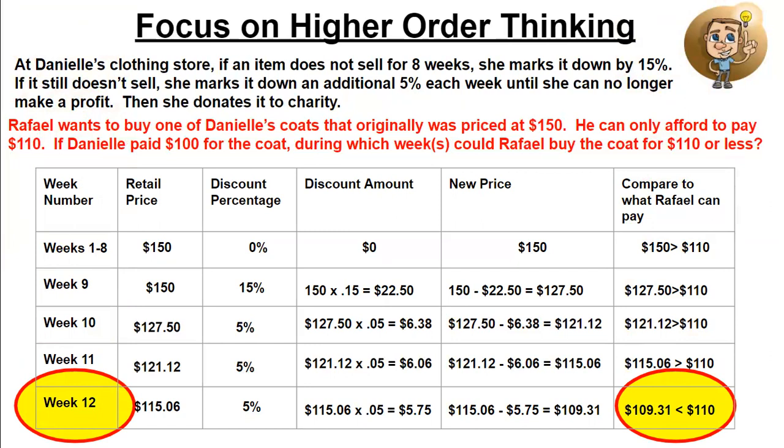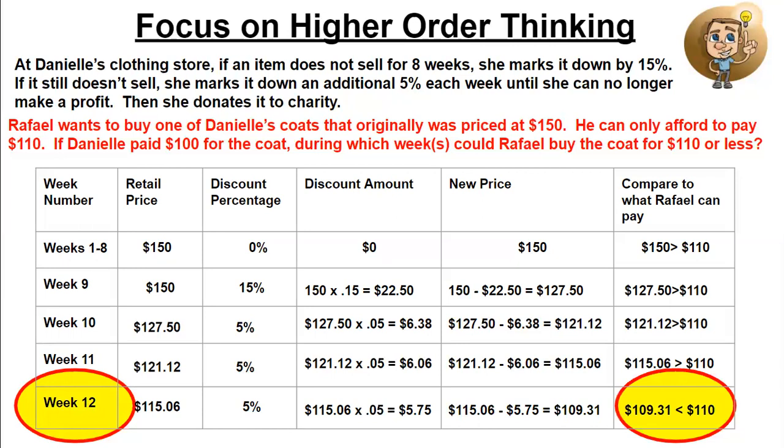Let me just do it for you on my calculator here. $109.31 times 0.05. It would be a $5.47 discount. So 109.31 minus $5.47. Well, actually, he could still maybe buy it on week 13. It still would be a little over $100.